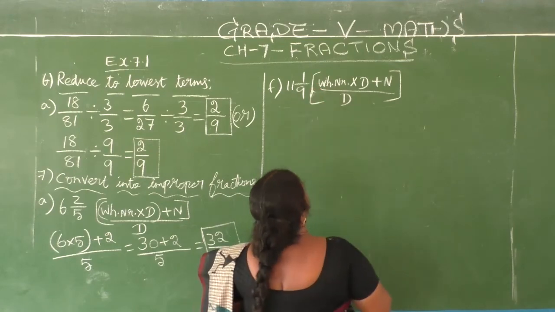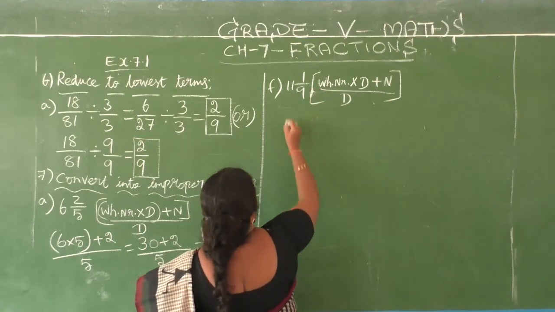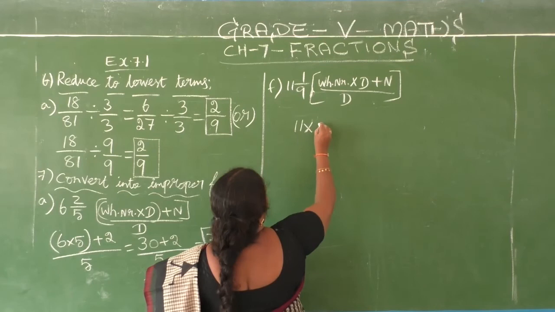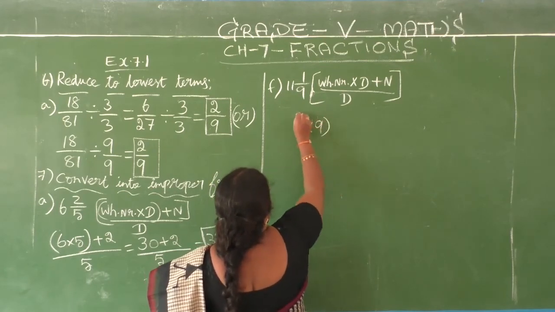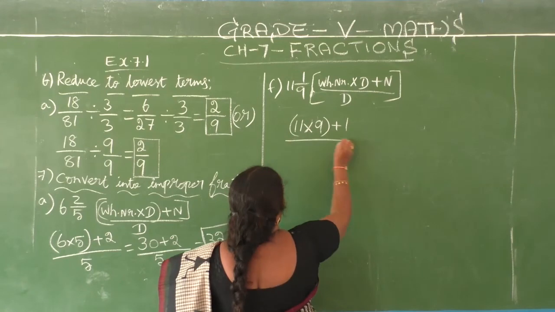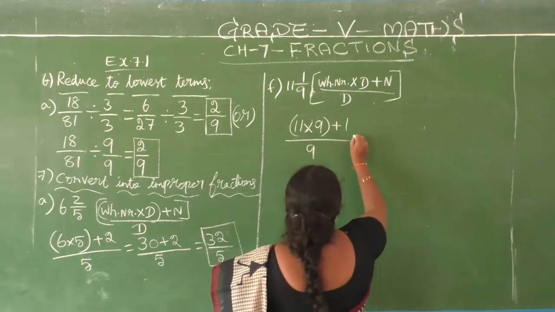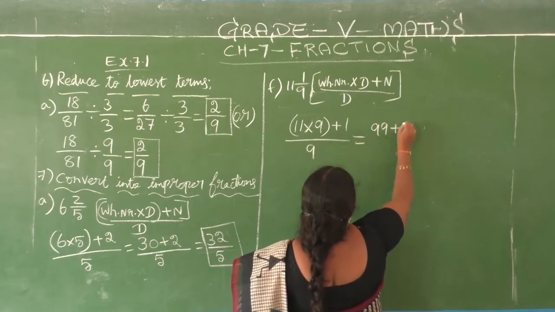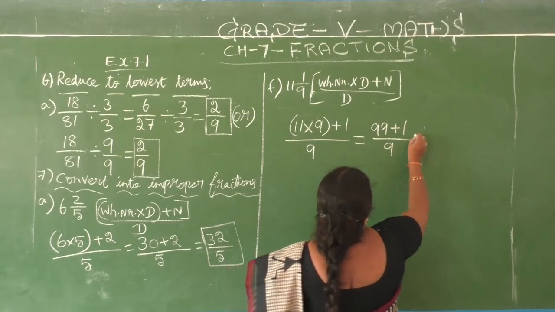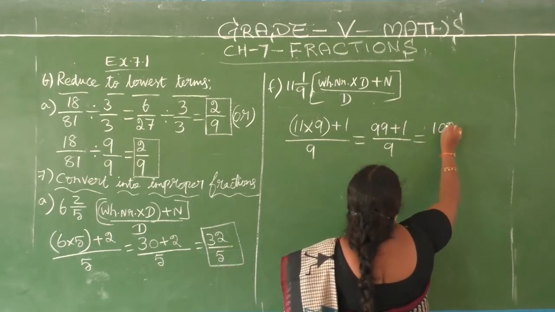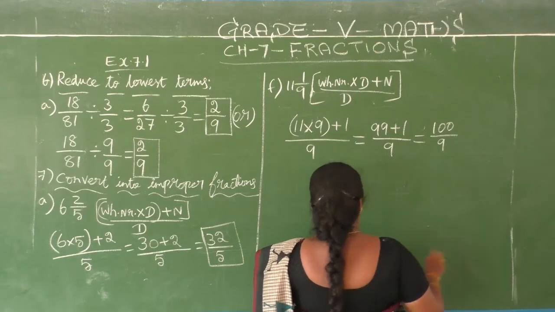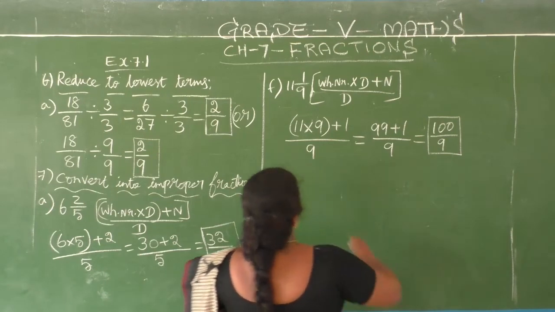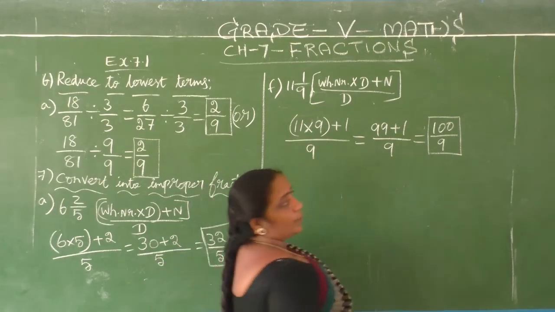What is the whole number? The whole number is 11, into denominator 9, plus the numerator 1, by 9. Now multiply 11 into 9. 11 9s are 99, plus 1 by 9. So 99 plus 1, 100 by 9. So the answer is 100 by 9. Now we converted the mixed fraction into improper fraction.